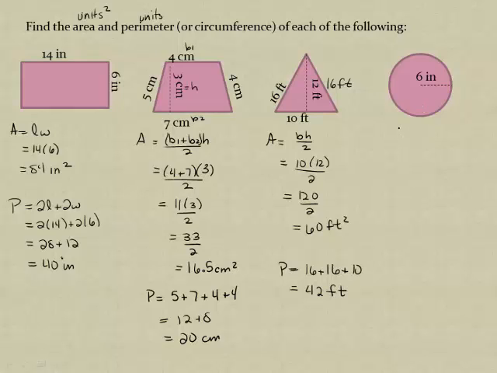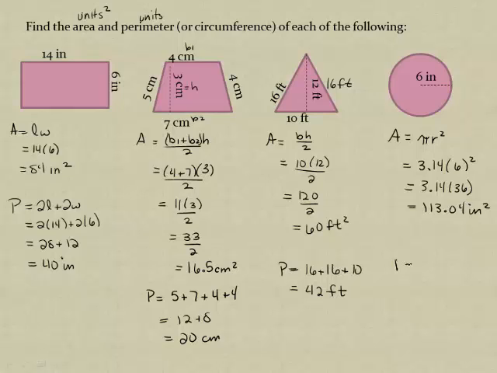And finally, we have our circle. Area is equal to pi r squared. Pi is 3.14 times 6 squared. That's 3.14 times 36, and that is 113.04 square inches.